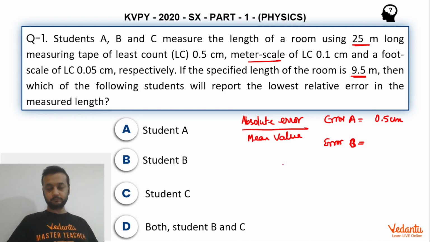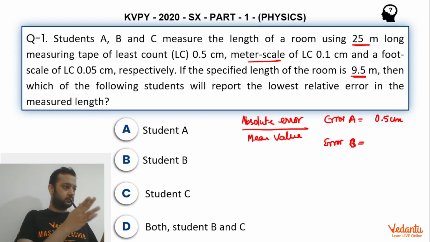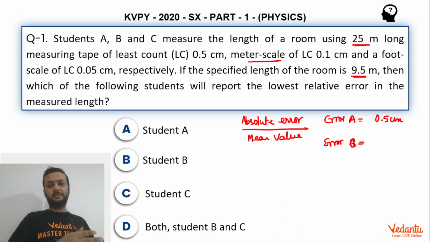Imagine you have a cloth of 9.5 meters and you have to measure it using a meter scale. You will keep the scale at the left end of the cloth, mark the 100 centimeter mark, then shift the scale, place the zero of the scale at that mark, and measure a second time. That is what you are going to do multiple times.